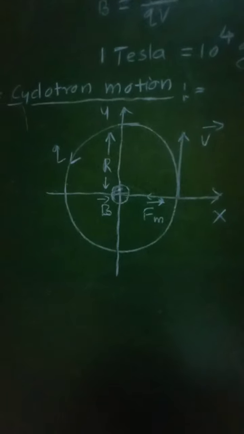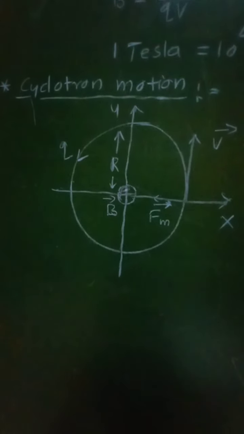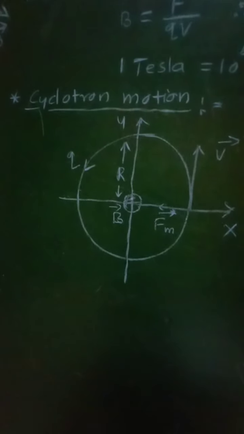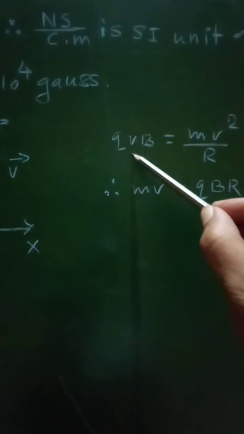If you consider q as the charge, v as the speed, and B as the magnetic field, then the magnetic force acting on that charge will be equal to qvB. This magnetic force will provide the centripetal force, that is mv square upon r.